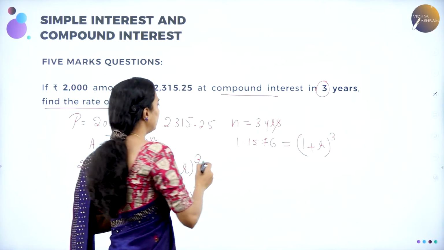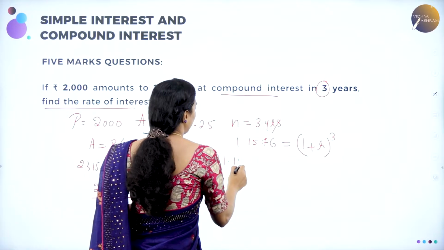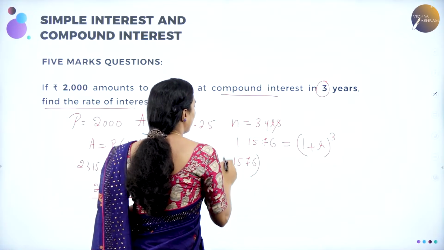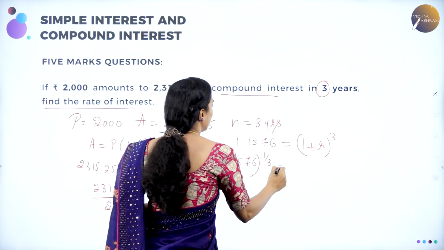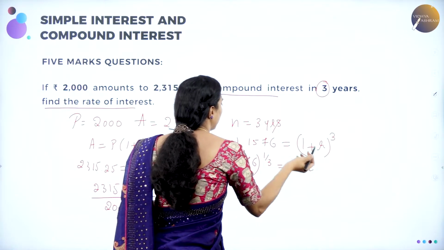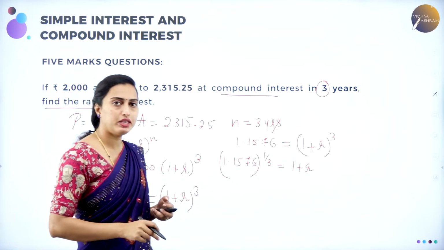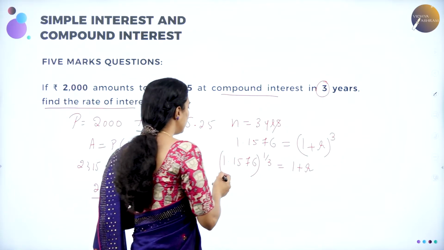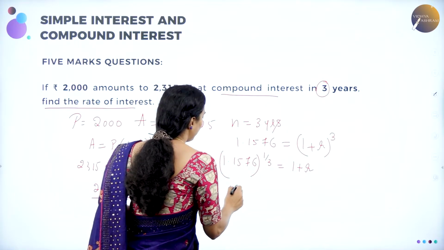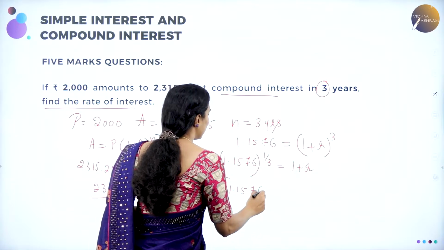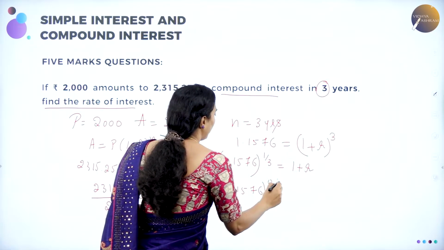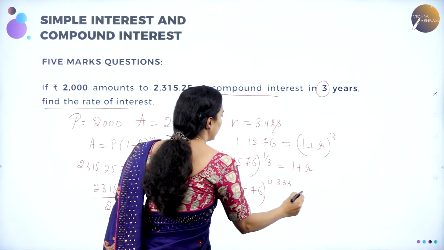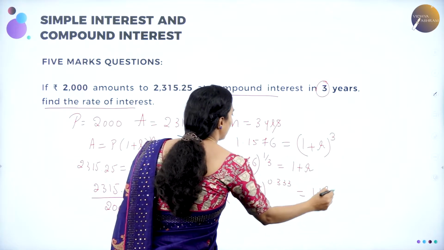It will become 1 by 3. 1.1576 to the power of 1 by 3 is equal to 1 plus r. Now what is 1 by 3? 1 by 3 will be equal to 0.333. So 1.1576 to the power of 0.333 will be equal to 1 plus r.